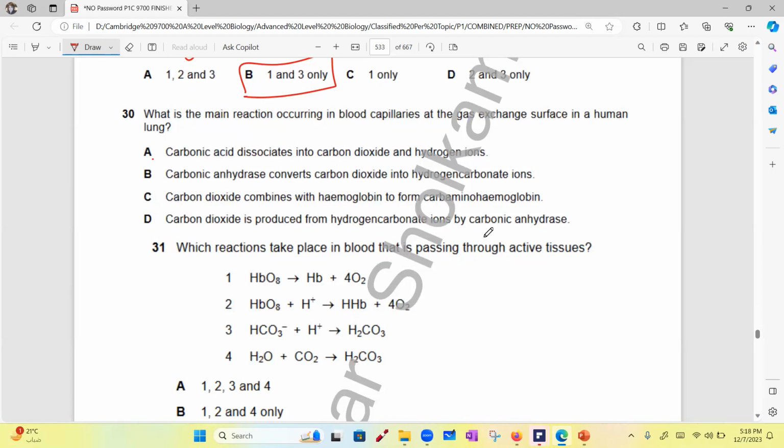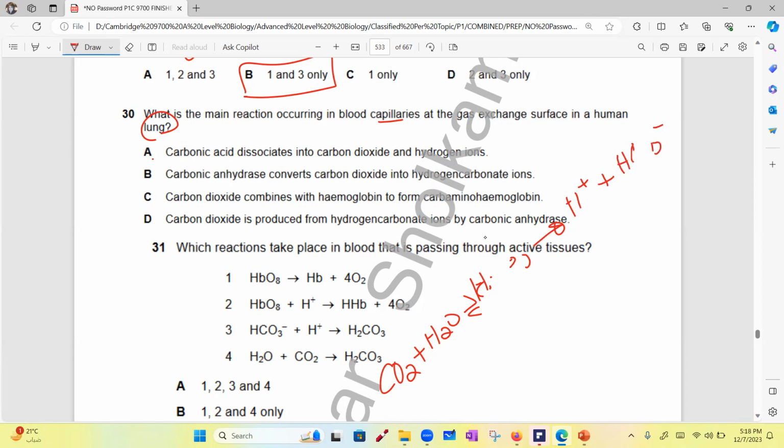Mariam, what is the main reaction occurring in the capillaries at the gas exchange surface at the lung? Look, I want to tell you something. We always use this equation: carbon dioxide reacting with water to give us carbonic acid, H2CO3, that will dissociate into hydrogen ions and hydrogen carbonate ions.